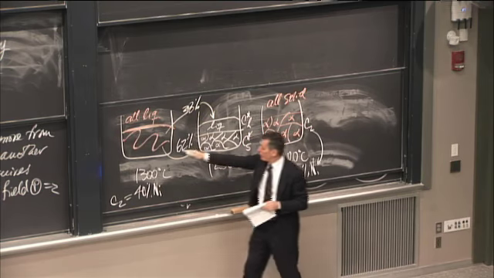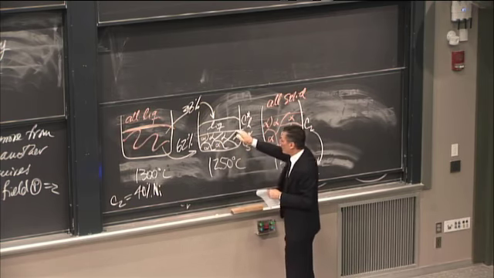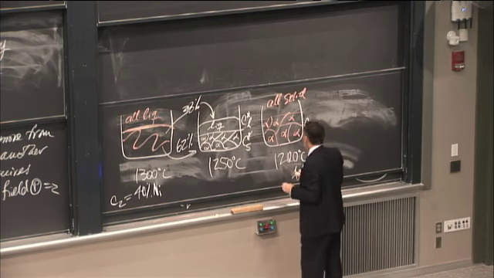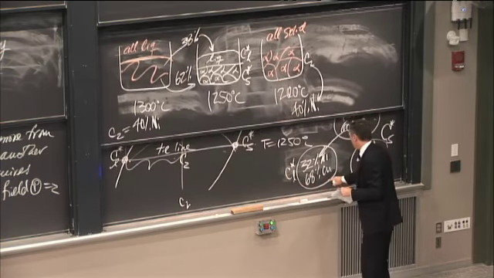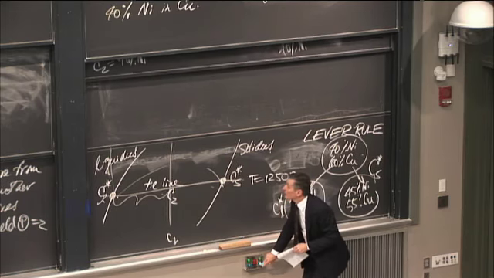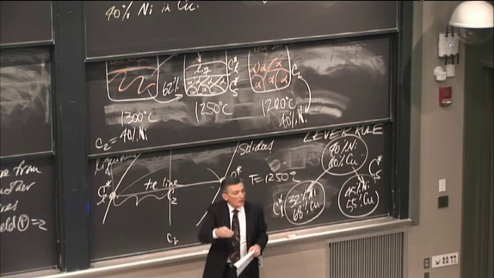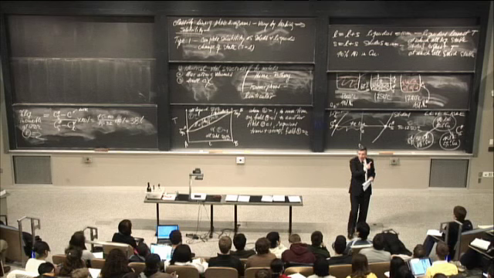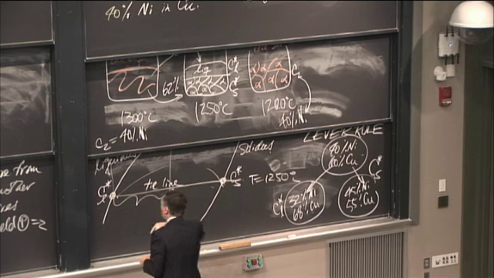Because I started here with 40% nickel, 60% copper, and now the liquid phase is 68% copper. So can you see that if I'm clever about this, I could use this as a technique for enriching. And if I'm thinking about recycling metals, maybe I need to know something about phase diagrams, because this is a very simple way of concentrating impurities or concentrating the desirable stuff.